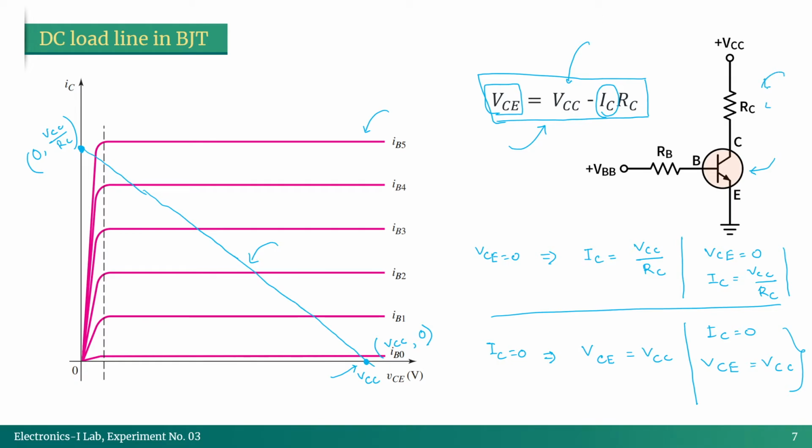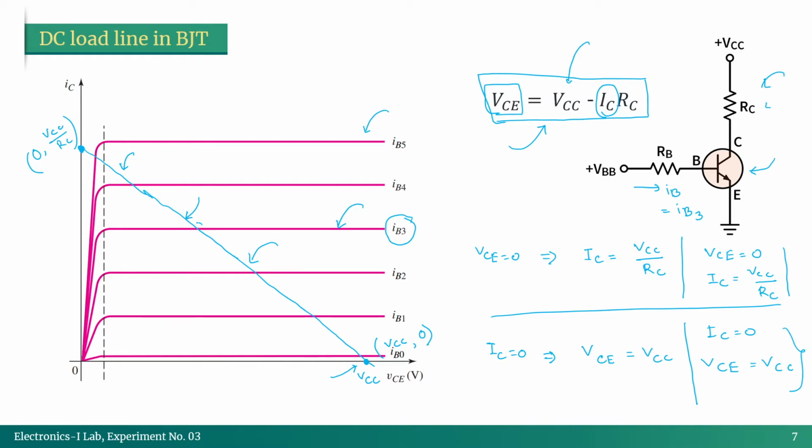Okay, and you see we have got one line here corresponding to our circuit, and another one, the purple graphs here, for the characteristics of our BJT. Both of these together constitute the total characteristics of our system. That means if I say right now the value of IB is equal to IB3, so this one, then right now this purple graph is active for the characteristics of our BJT, and this line represents the characteristics of the circuit.